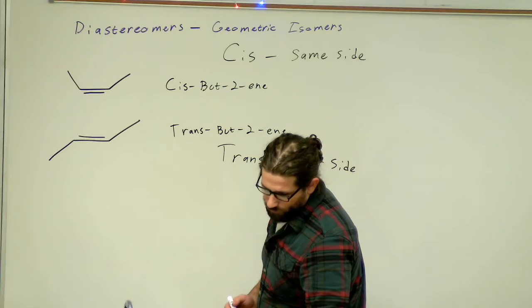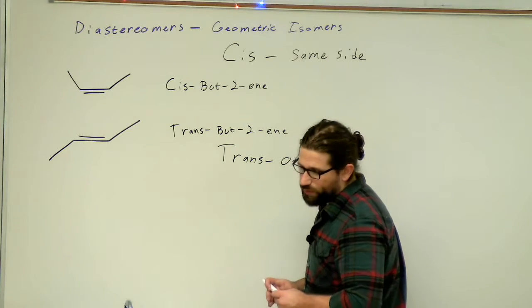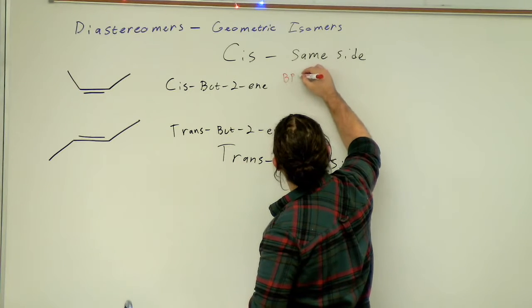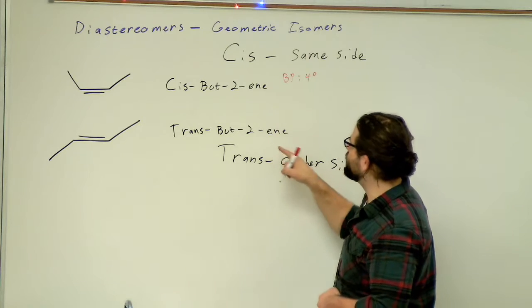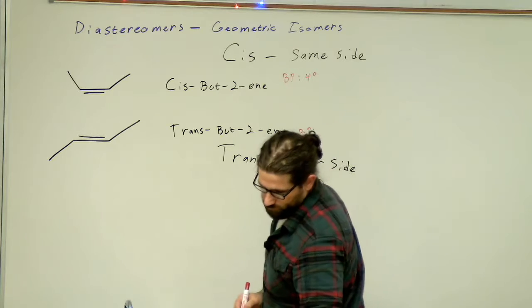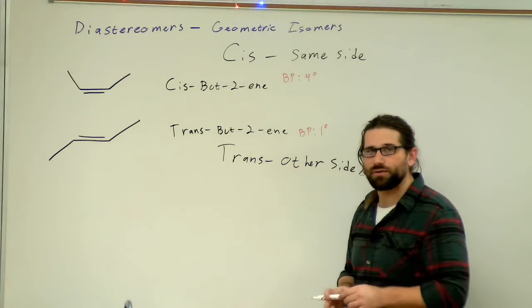So cis-but-2-ene has a boiling point of 4 degrees. Trans-but-2-ene has a boiling point of 1 degree. This is a very subtle difference.